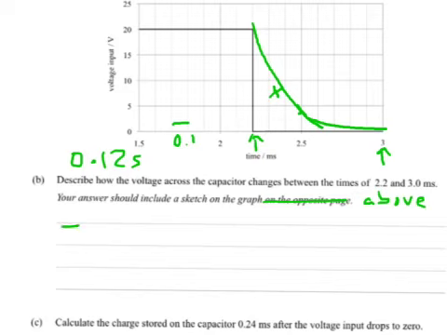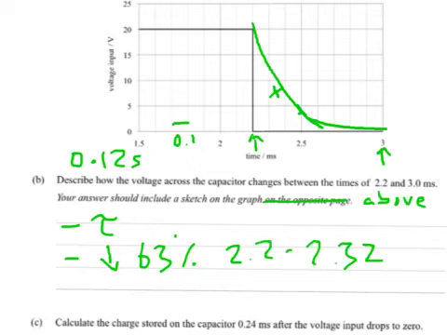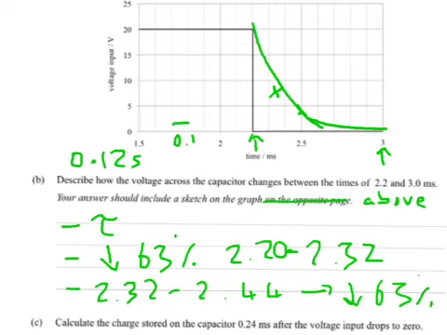If you were to describe how it's changing, you would talk about the time constant being 0.12 milliseconds, and you would say that from 2.2 to 2.32, so that's one time constant, there would be a drop of 63% of the available voltage. Then from 2.32 to 2.44 there's a drop of another 63% of whatever's remaining.